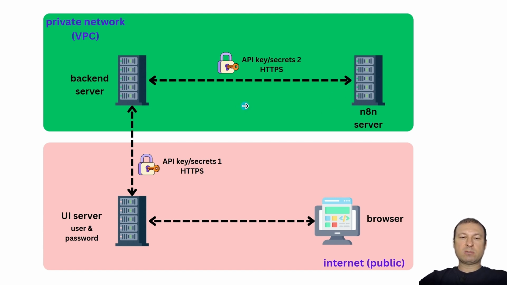This would be the most important and mandatory security architecture you must have in place. So use a cloud provider that has the VPC functionality and isolate your n8n server like this. This is the most simple and most efficient way to secure your services online.